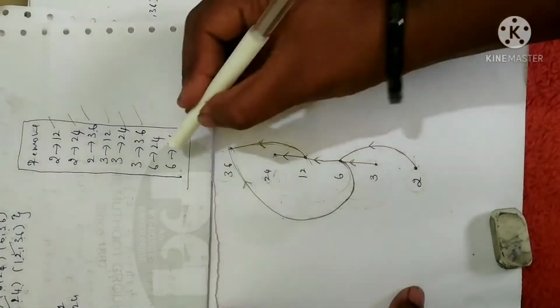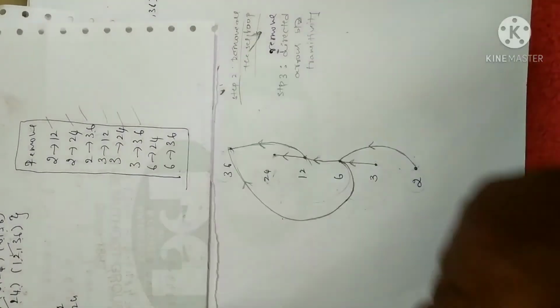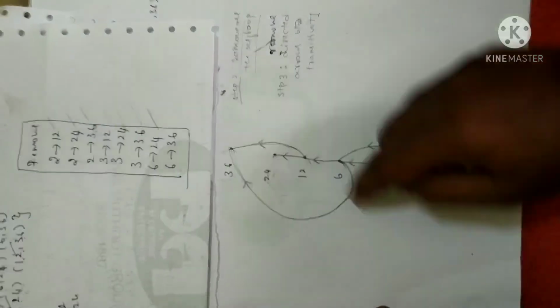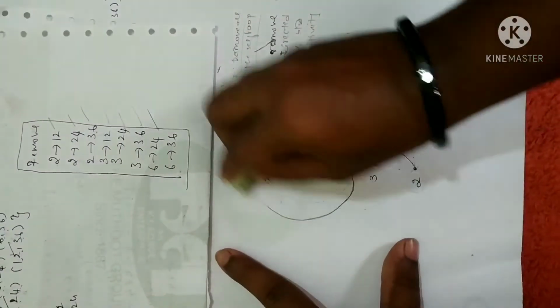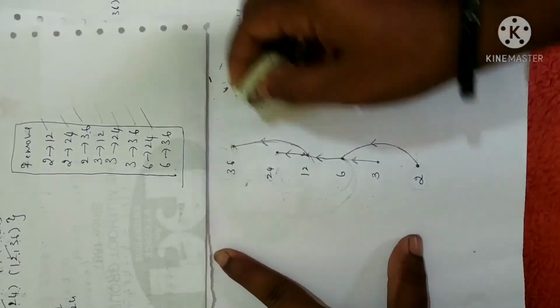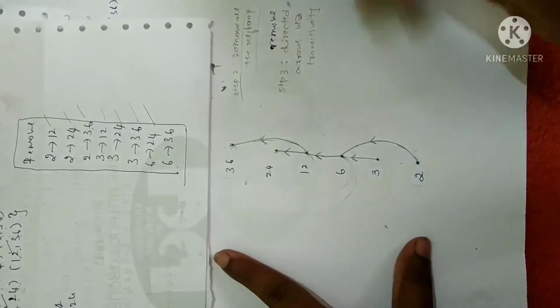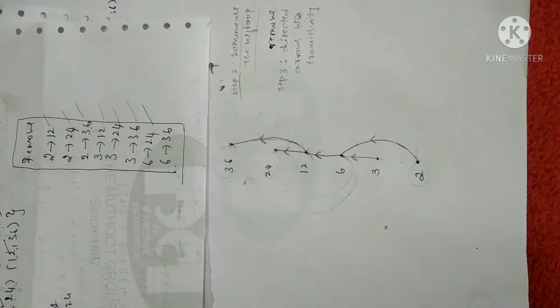Next I have to remove 6 to 24. So I have already removed that 6 to 24, right? Now 6 to 36. 6 to 36 arrow is there. Let me remove. So finally this is the Hasse diagram we have.